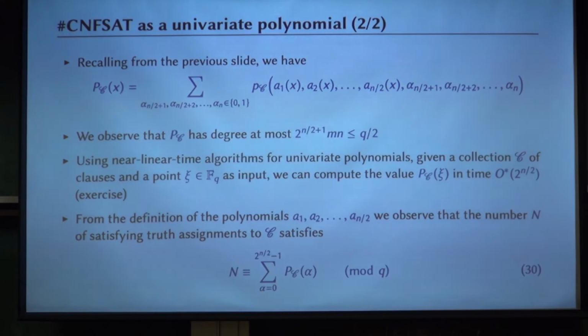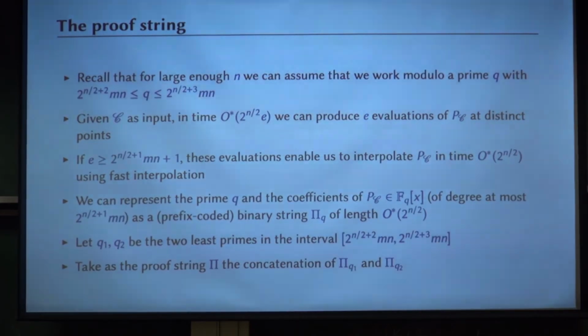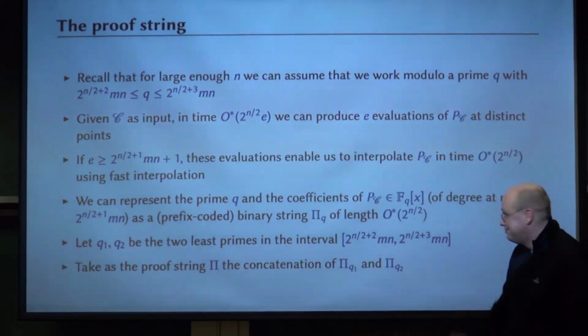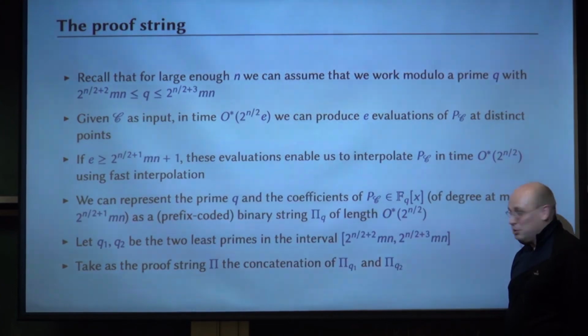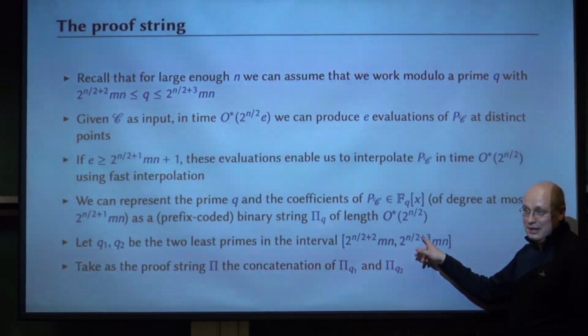And that's actually where we will use the fact that we are working over a large field. But why do we need two primes, p1 and p2? Again, look at the size of the primes. You want to recover potentially a count as high as 2 to the n.